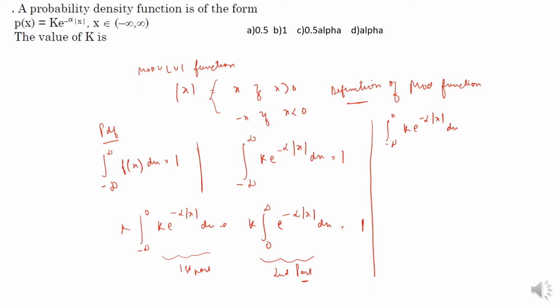Here mod x will become minus x, because when x is less than 0, it is minus x. So I can write this as the integral from minus infinity to 0 of k e power minus alpha into minus x, which will be equal to the integral from minus infinity to 0 of k e power alpha x. This is for the first part.